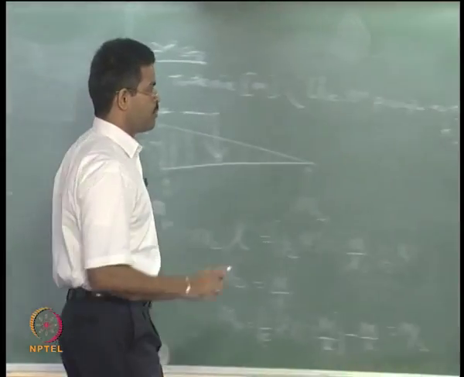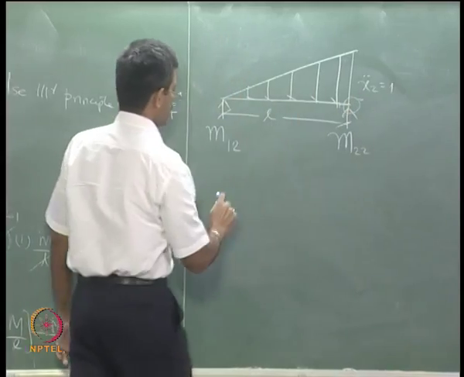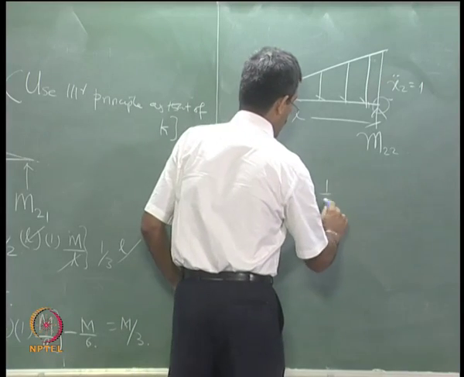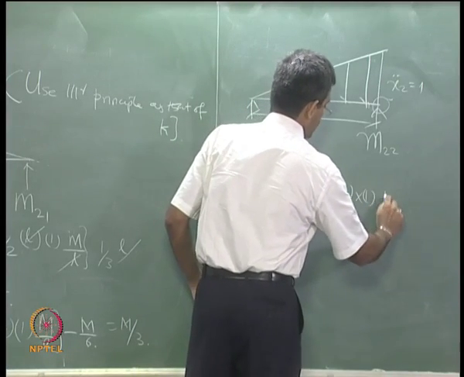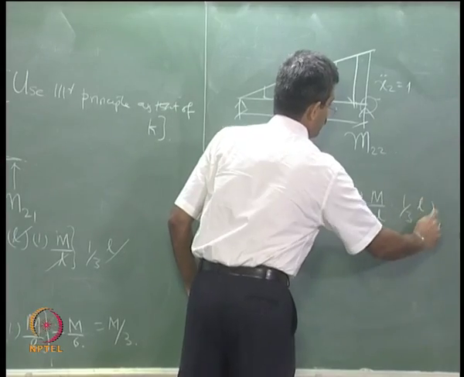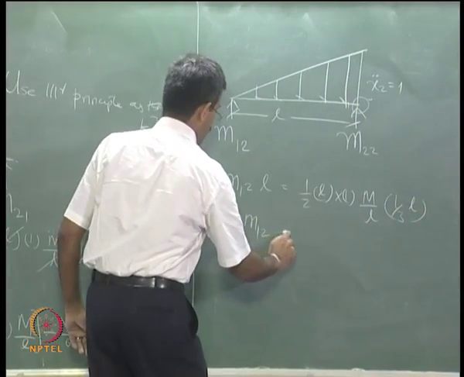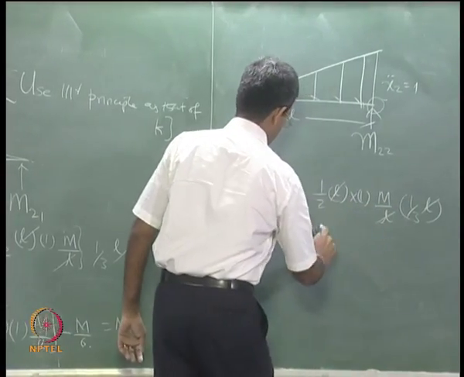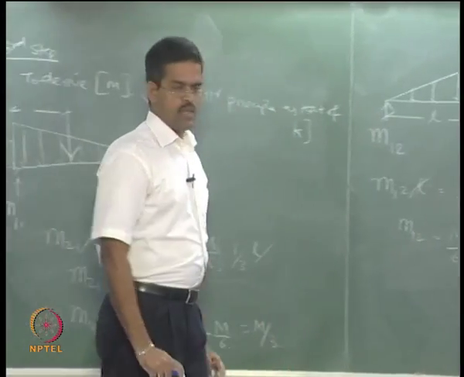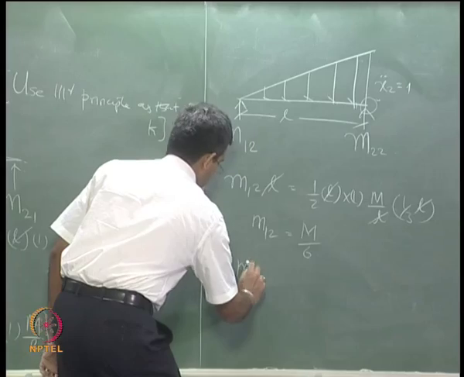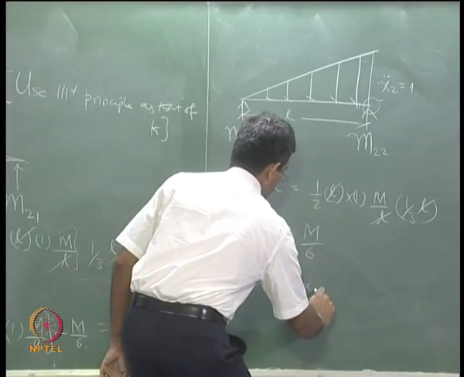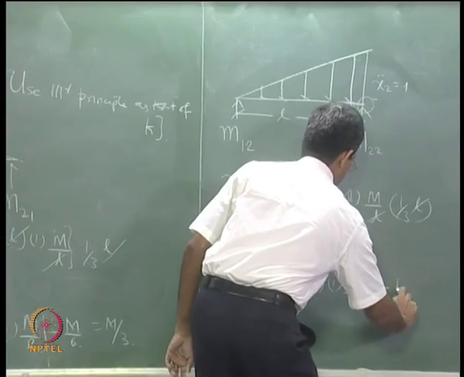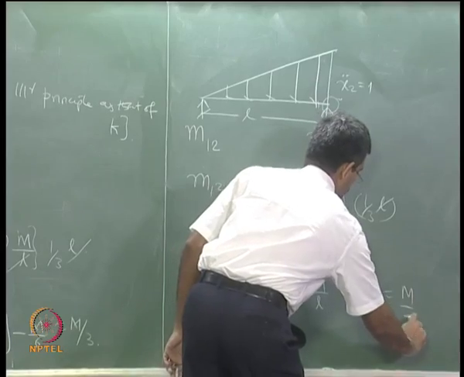So taking moment about this point, M12 of L will be equal to anticlockwise of half base height M by L of 1/3 of L. This gives me M12, L goes away, L goes away, M by 6, and M22 will be half base height of M by L minus M by 6, which will be M by 3.